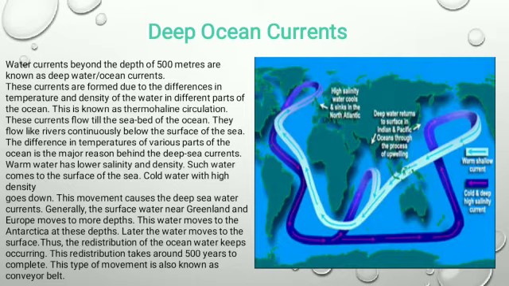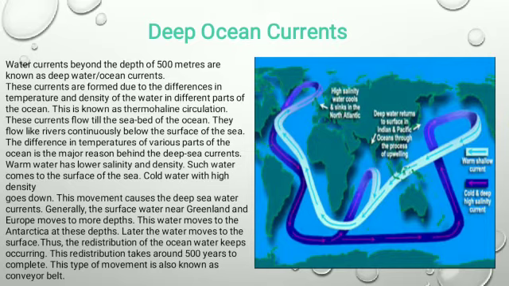We have seen that as the temperature increases, the density of water gets affected, and lighter water, which is at the bottom, replaces the heavier water which is at the top, and that way the water flows regularly. The differences in temperature of various parts of the ocean are the major reason behind the deep sea currents.